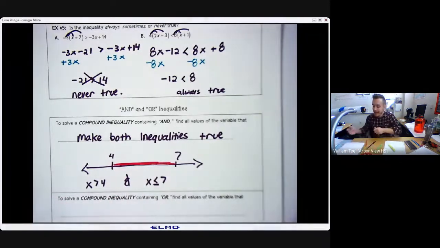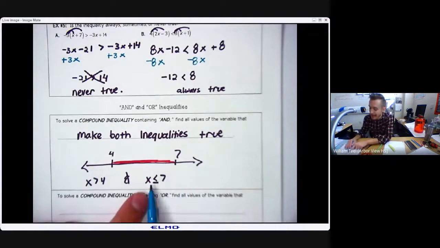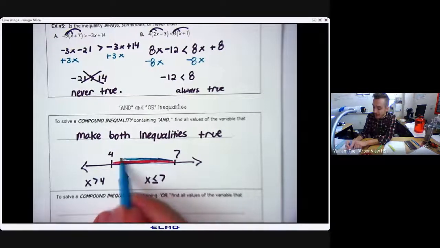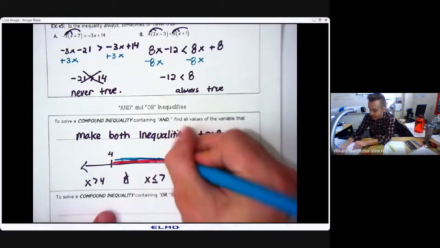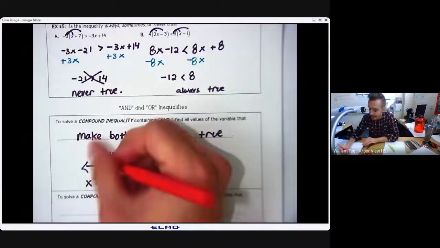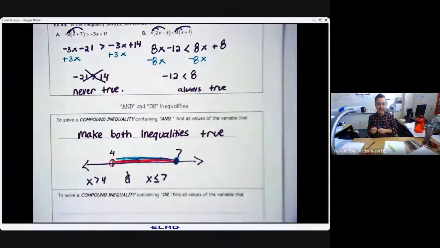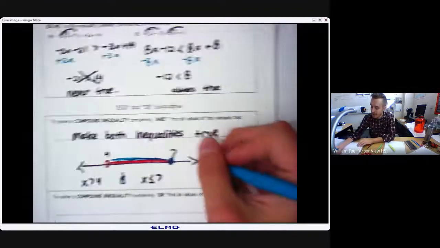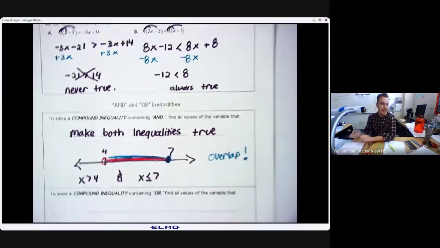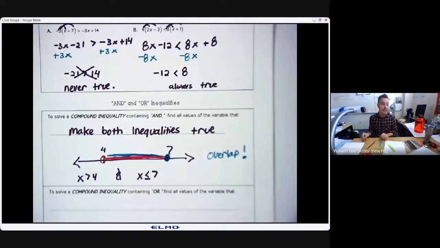And then if I'm looking at values that are less than or equal to 7, that means that all of these values to the left of 7 and including 7 are going to be possible values for that variable. So notice how these two overlap. What we're looking for with the and inequalities is an overlap. Okay, that's what the graphs are going to look like when you have and inequalities. All of the values that overlap.